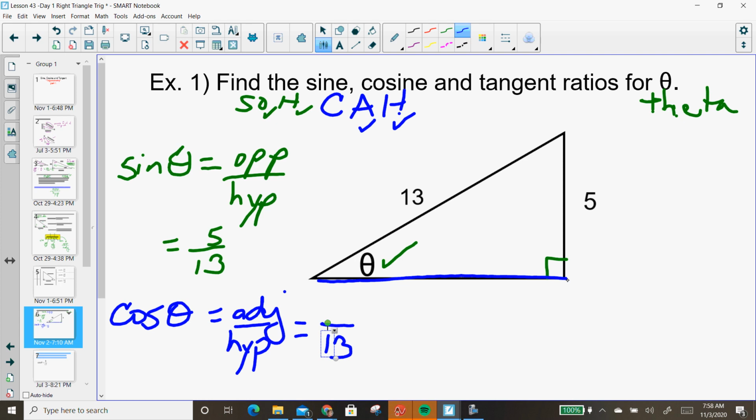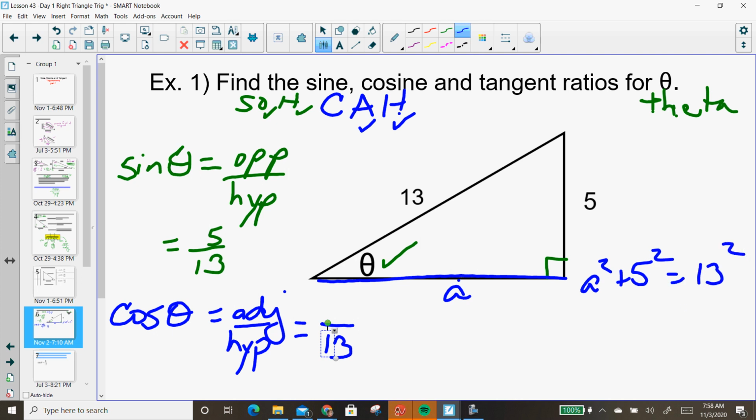Because we've got a right triangle. So when we have a right triangle, we can still always use Pythagorean Theorem. So we can either recognize that as a triple, and let's see, I'll call that A for adjacent. I know that a squared plus 5 squared has to be the hypotenuse squared.